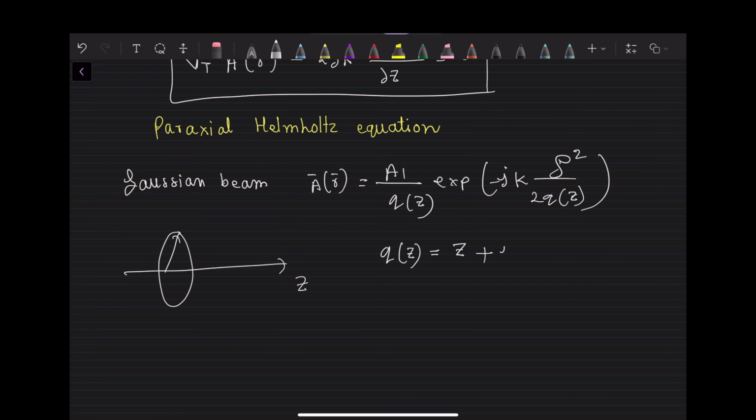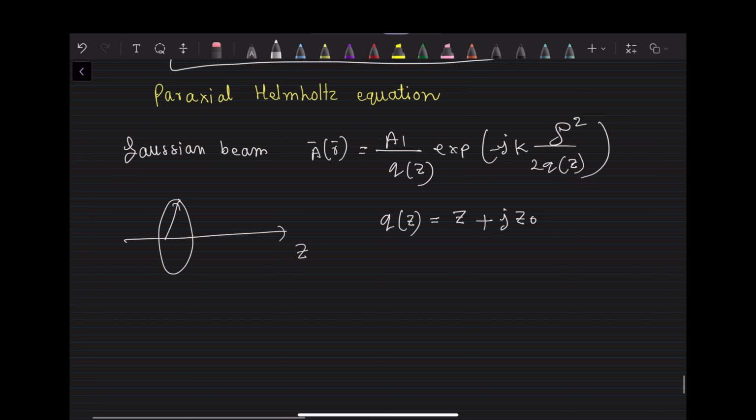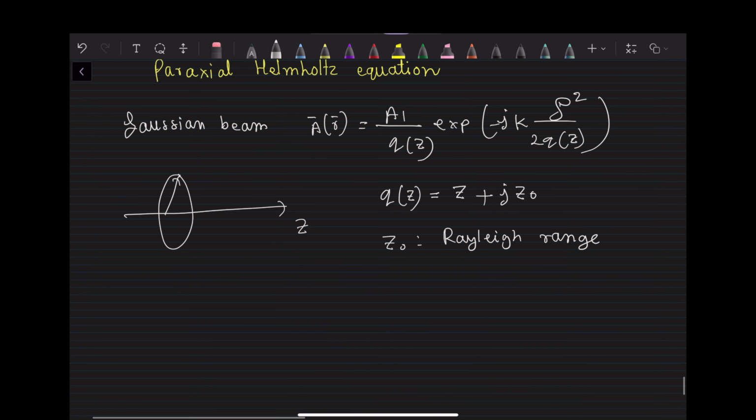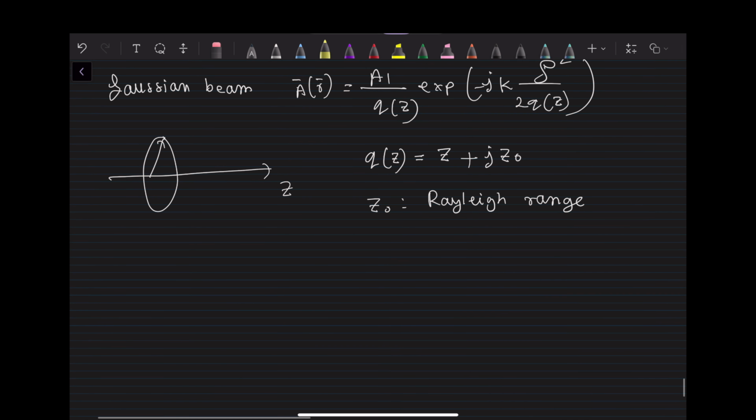How so? I will show. Here z0 is called the Rayleigh range. Rayleigh range is very important.